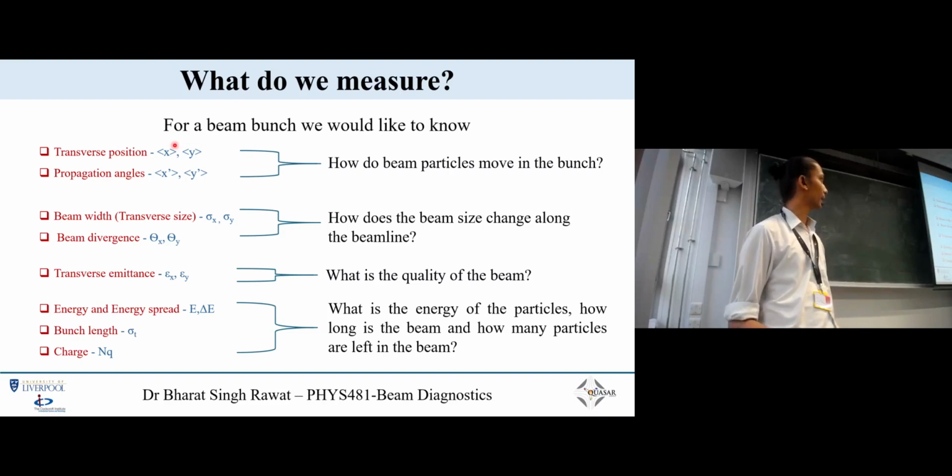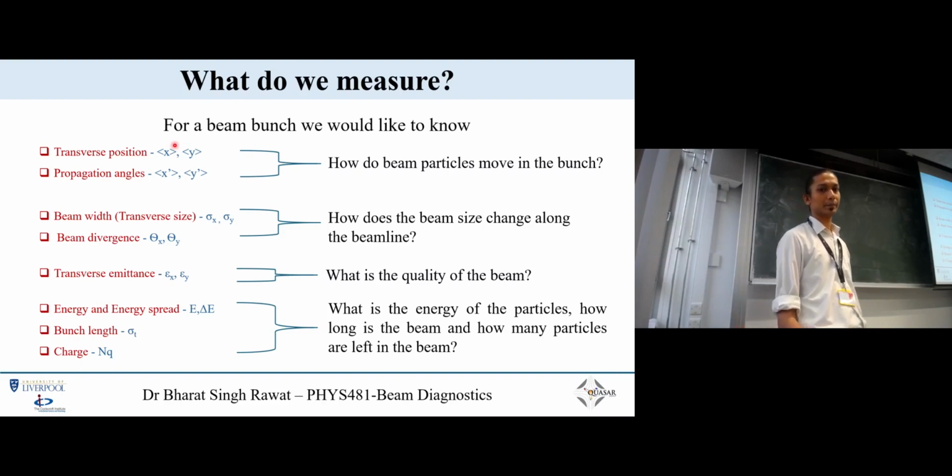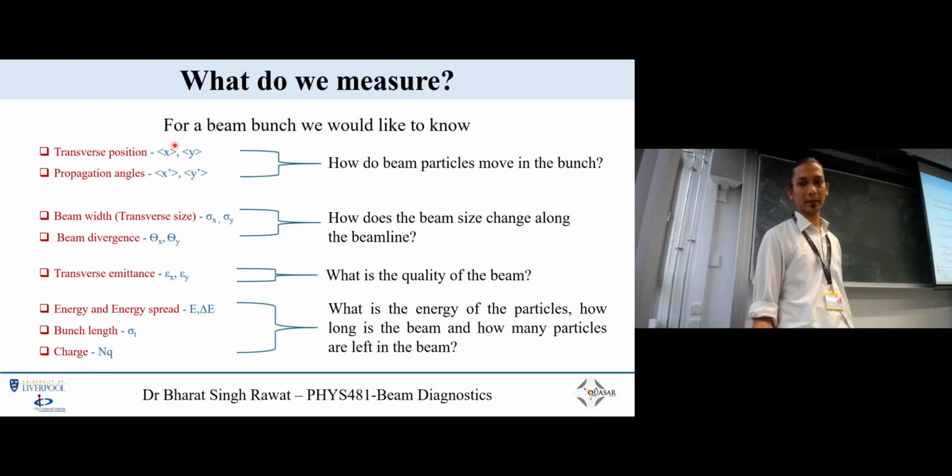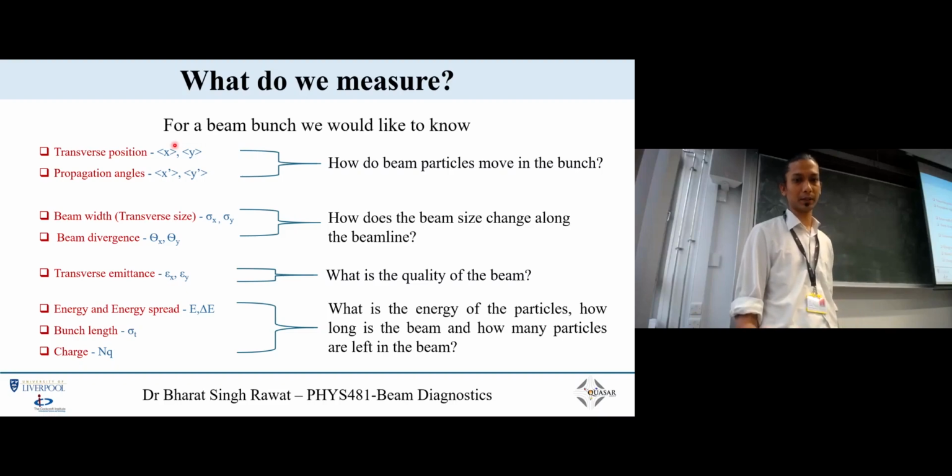Then the emittance, as you might have already studied in previous lectures, gives you the phase space of the bunch at a particular location, and it can define the quality of the beam. I won't be covering it in this lecture, but transverse emittance is a very important quality.